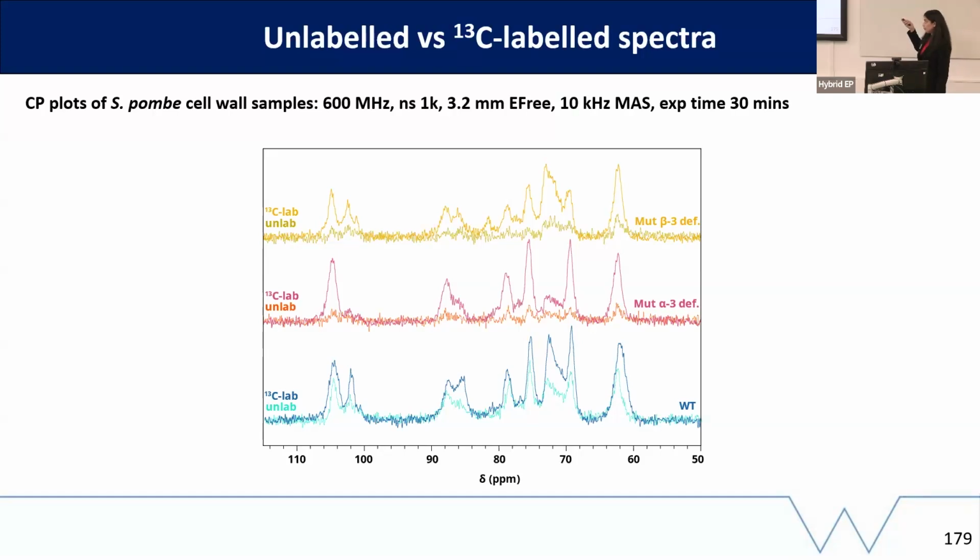It's better in the wild type, but it is much better in both the mutants. So 1/10 labeling did help a lot. Of course, we cannot label 100% because we have to have a balance between sensitivity and resolution. So we chose 1/10 based on practicality, resolution, and sensitivity.